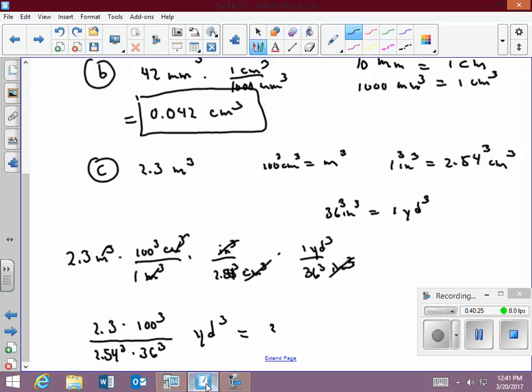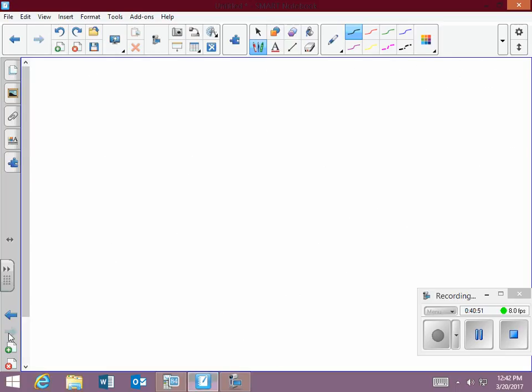Equals 3.01 yards cubed. I think on that sheet that I gave you, those unit conversions are in there, aren't they? Okay, 20.